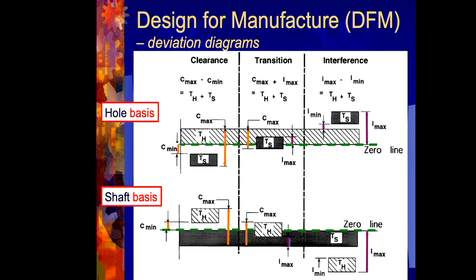Now, clearance, the shaft's tolerance is always less than. It always fits in the hole easily. Transition, sometimes not, sometimes yes, depending on the batch. And interference, the shaft and the hole will always interfere.